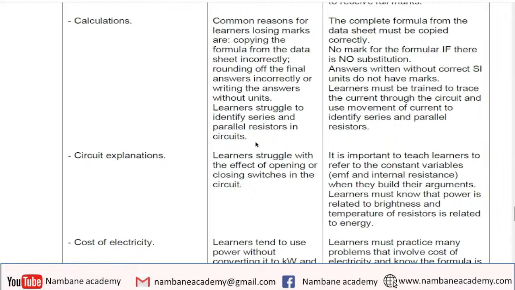And in an open circuit, the current will not be able to flow. So our learners must be able to see that this resistor and that resistor will not be able to get the current, because people can use a switch to determine whether these are effective resistors or not. Effective resistors are those that get what? That get the current. So we must be able to interpret our circuits in that way.